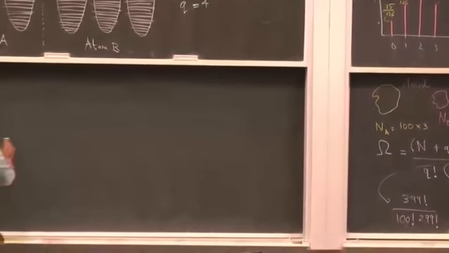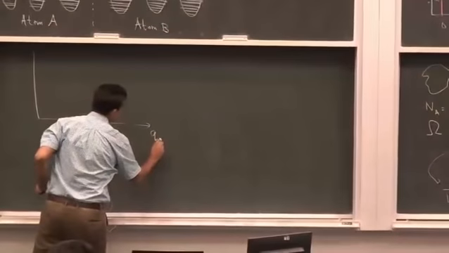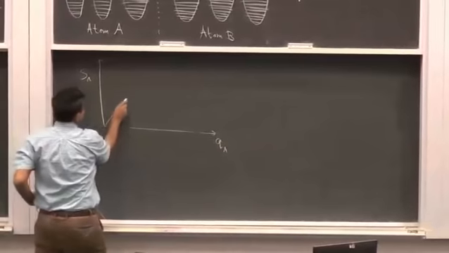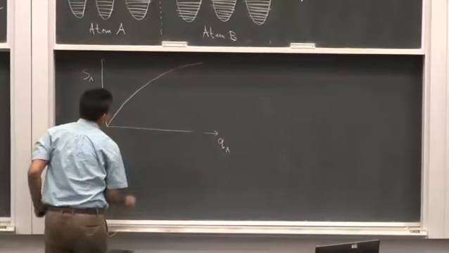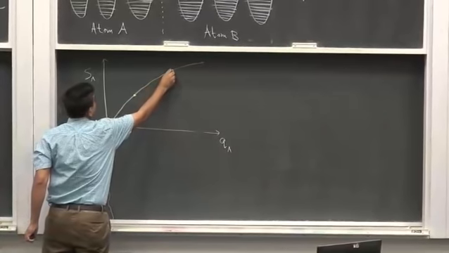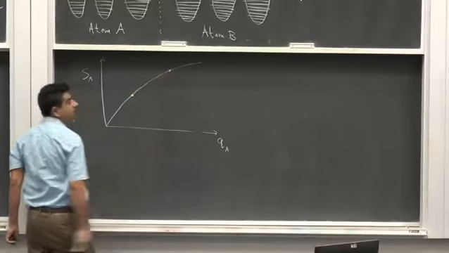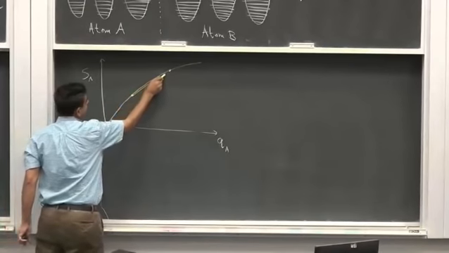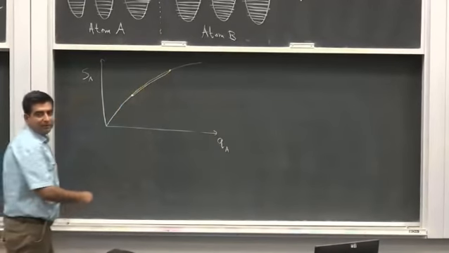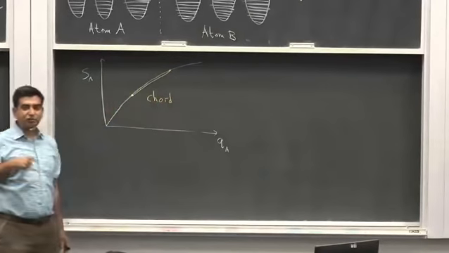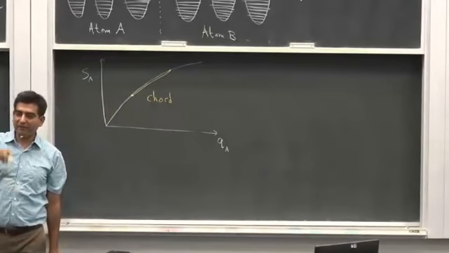If I plot QA versus SA, and I take any two points on this graph and connect these points by a straight line, which is called a chord, then this chord will lie below the graph.